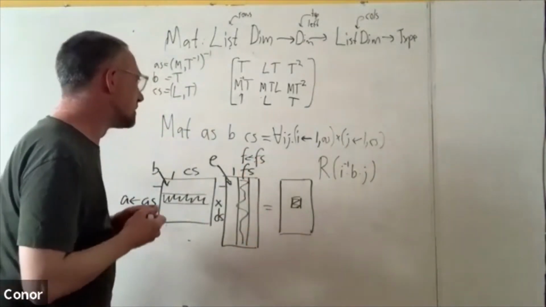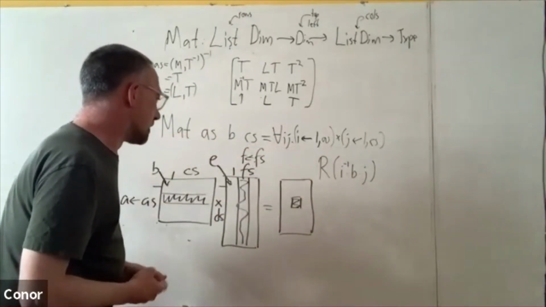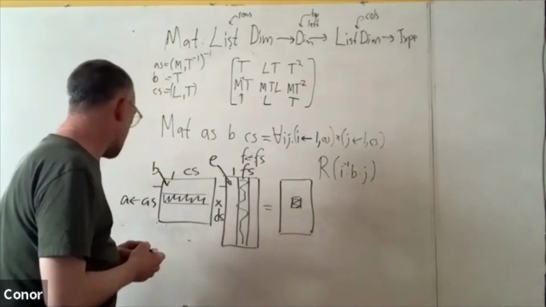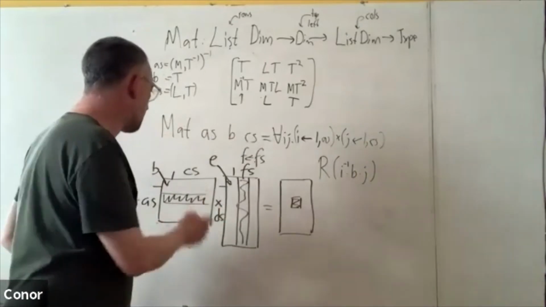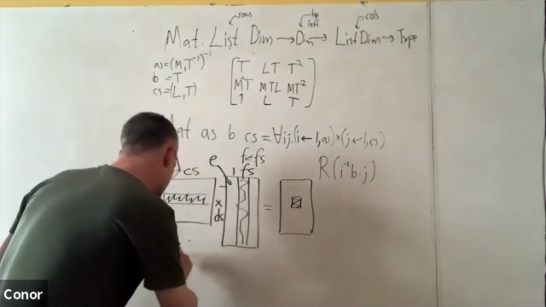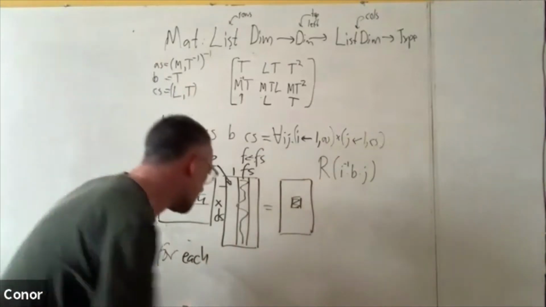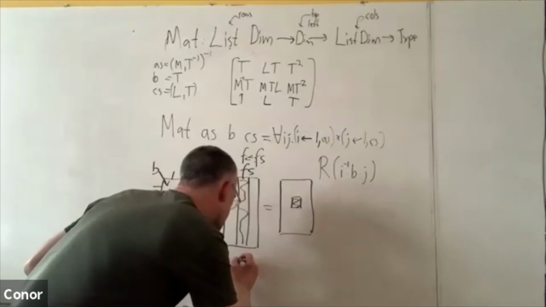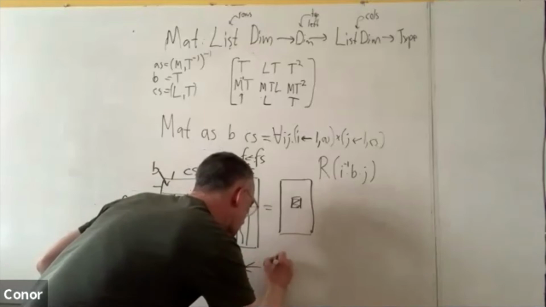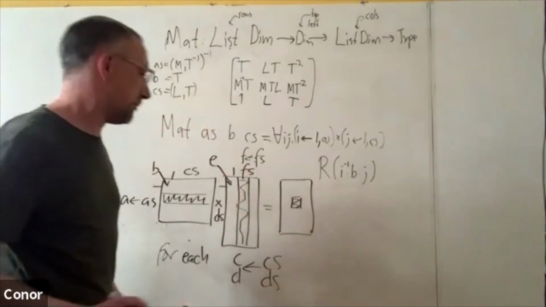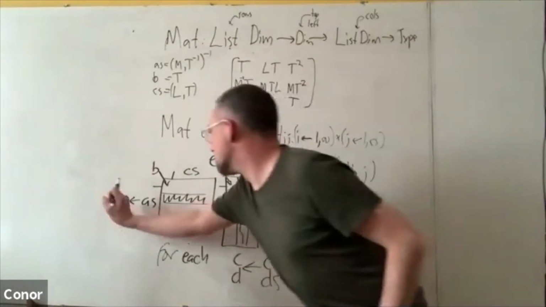And then what are we going to do? We're going to choose, so that's picking which row. Then for each C and D in the corresponding position, I'll fix this up in a moment. We need to compute something.